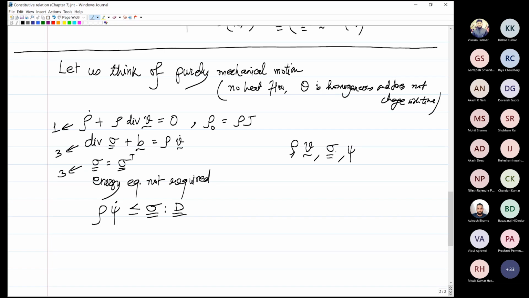Suppose I say that I enforce sigma to be symmetric, then we can forget about AMB, and we just have mass continuity and LMB. So sigma chosen symmetric, then we just have mass continuity and LMB, which can cater for rho and V. So we need response for sigma and for psi. These are the things which are required.